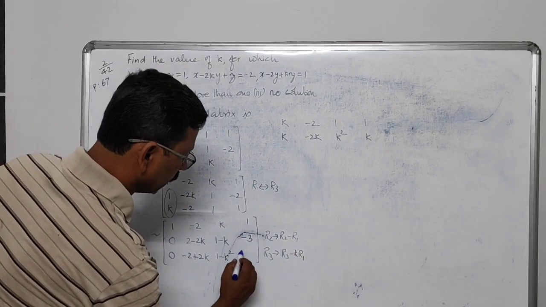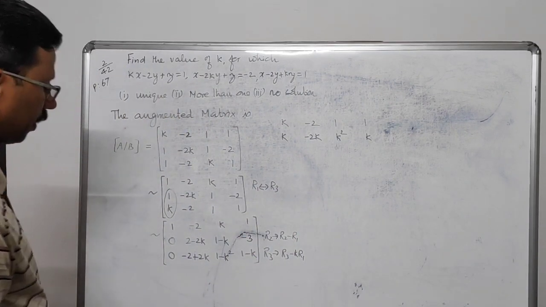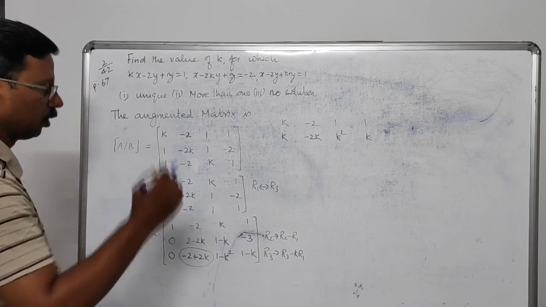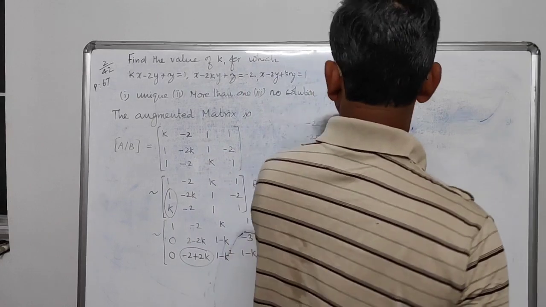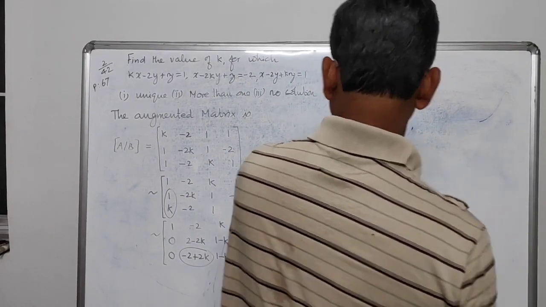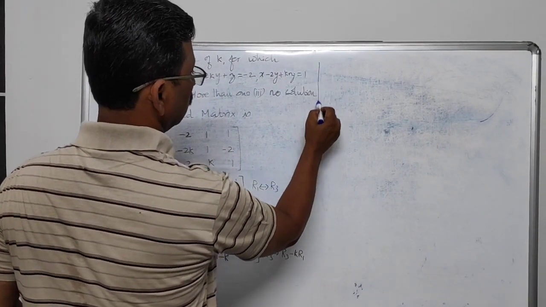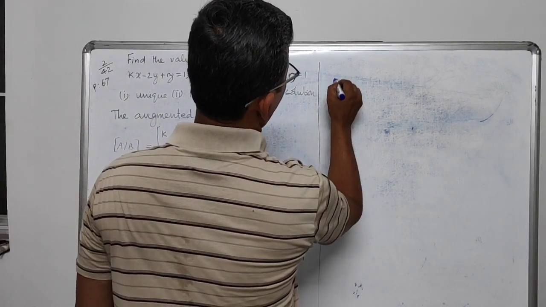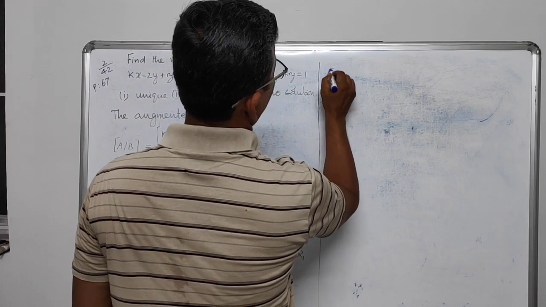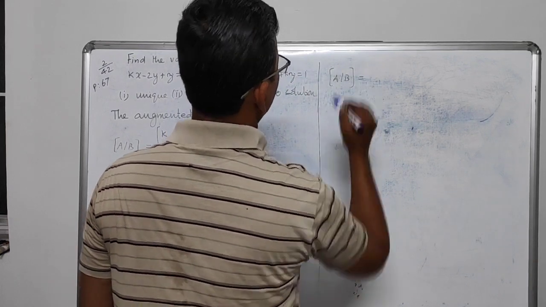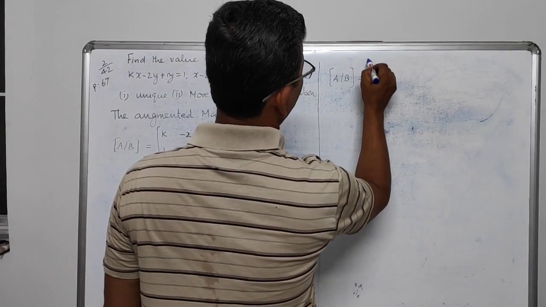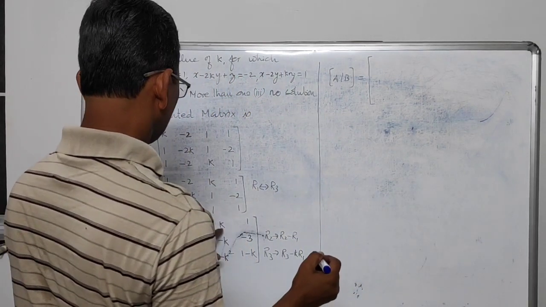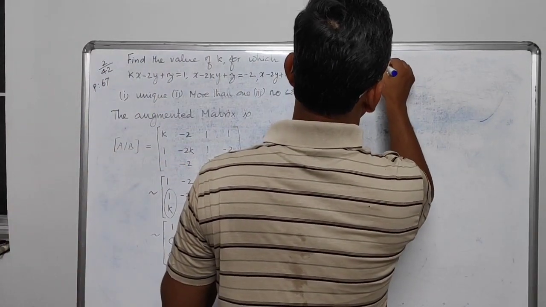Then you can write 1 minus k. Now, after that, you have to make this element 0 with the help of the previous row. Therefore, again you can write this augmented matrix's equivalent form as: write the first row as such, 1, minus 2k, 1, 1.